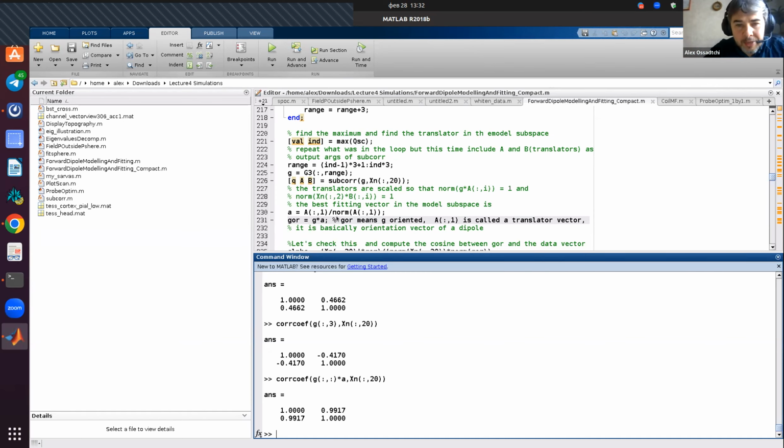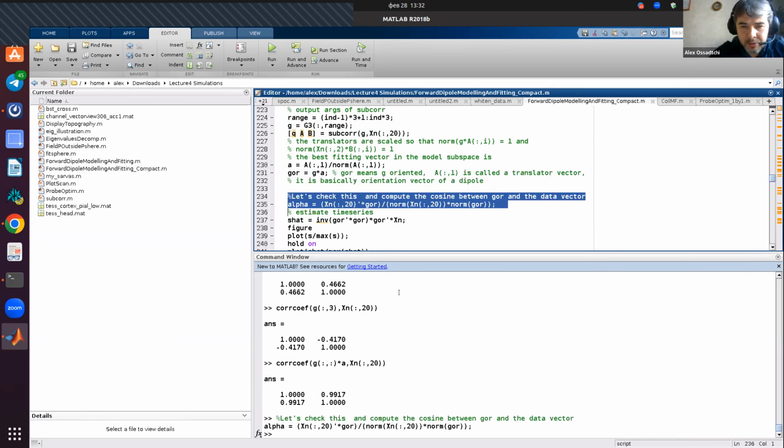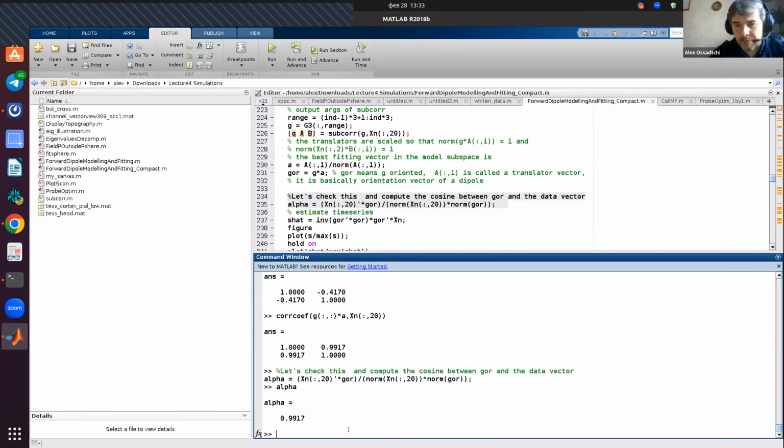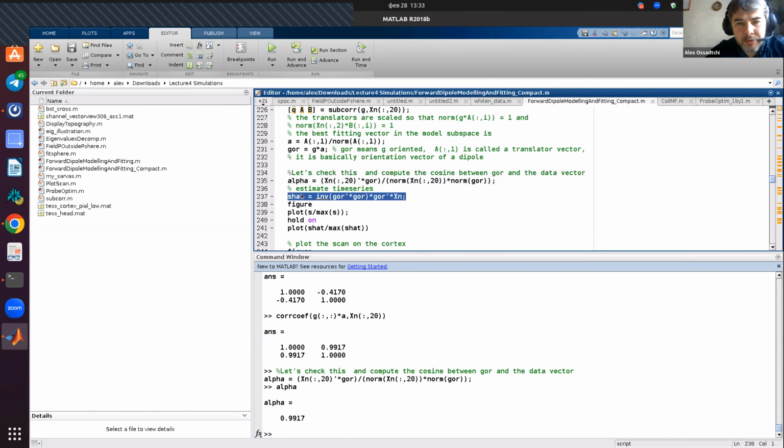So then you found this proper orientation, and you say, this is a cosine again. This is again normalized xn and normalized topography, and alpha will be 0.9917, of course. And then you can estimate the time series.